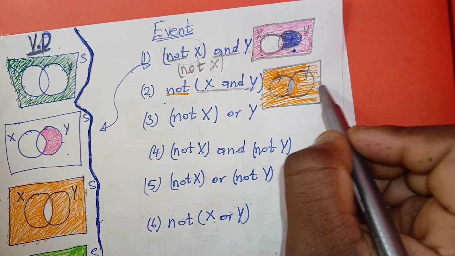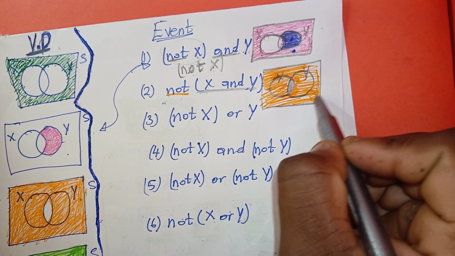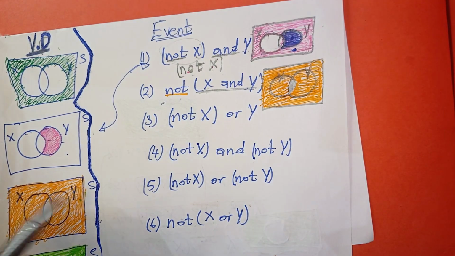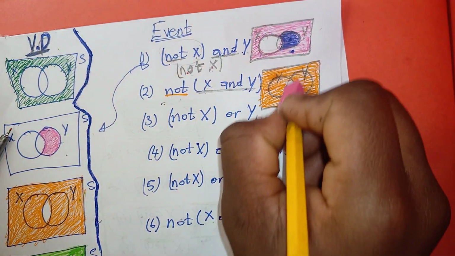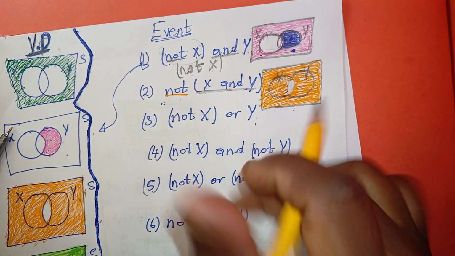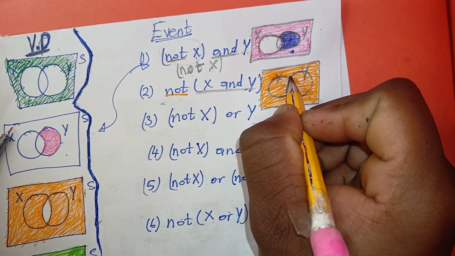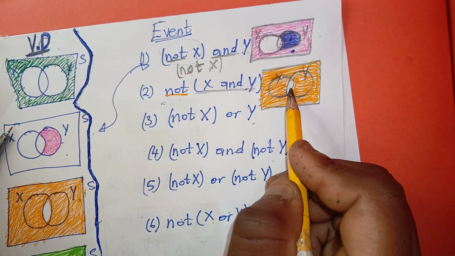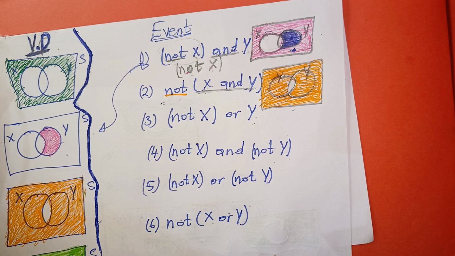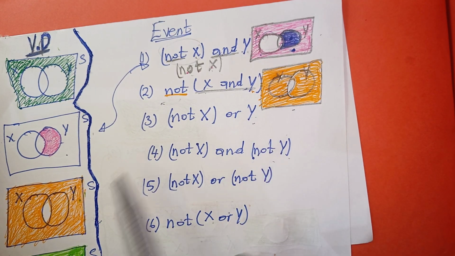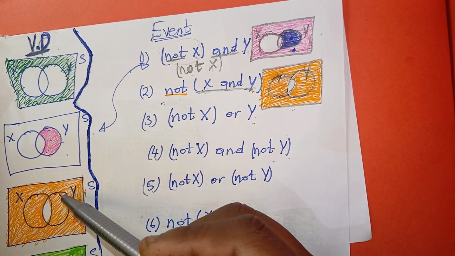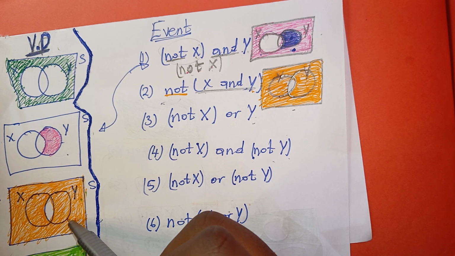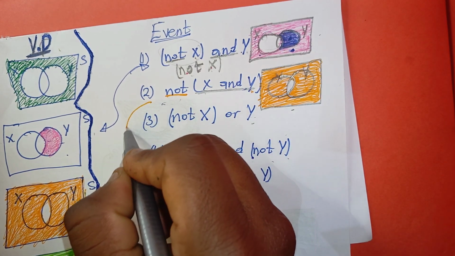The moment you say not, you are talking about outside. If you check now, when I erase them, I didn't include the intersection, because they say not X and Y, meaning outside from the intersection. This matches with this one, because here I'm talking about not the intersection.